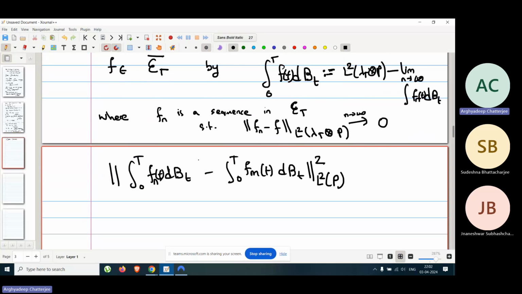Note that this is L2 of P, because these things no longer depend on time.